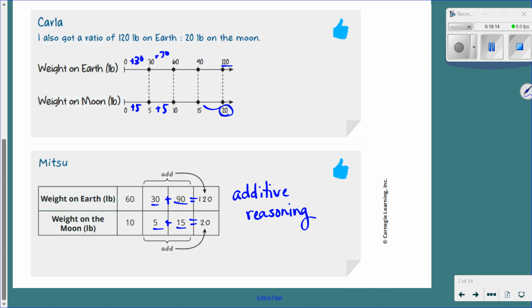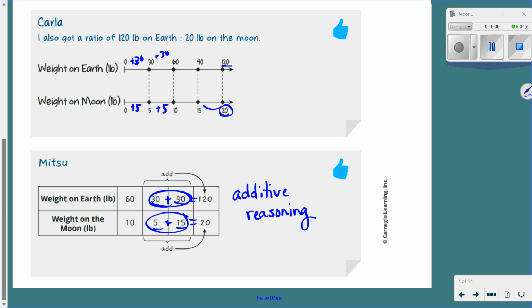So additive reasoning is absolutely fine. If I have two numbers in one of the columns that I can add together to get the answer, I just need to add the same equivalent numbers from the other piece of the column. So if I'm putting those two together, I have to put those two together. That is your additive reasoning.